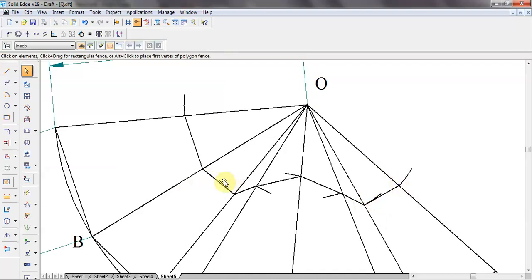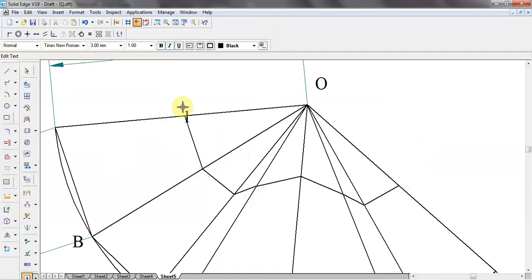I'll do the arcs now. Okay, just name them. 1, 2, 3, 4, 5, 6, 7, again 1.